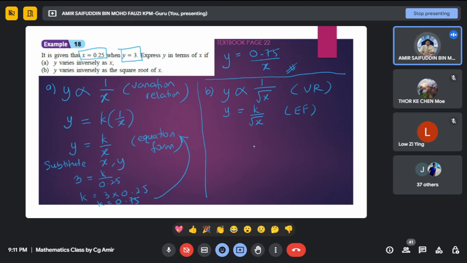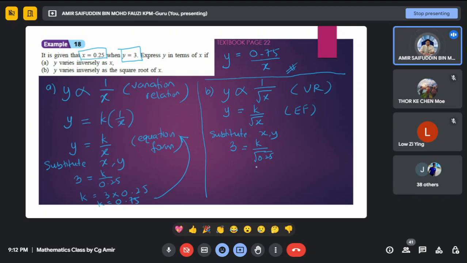Okay, so there is a question here. Jayden, I will go to Jayden after I finish this one first. So y equal to k over the square root of x. The next step is to substitute the value of x and y. y is equal to 3, so 3 equal to k divided by the square root of x, and x is 0.25.